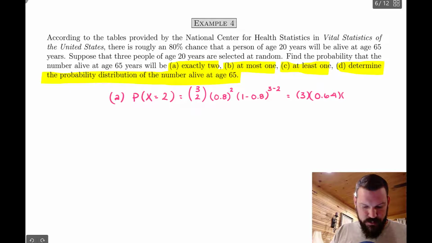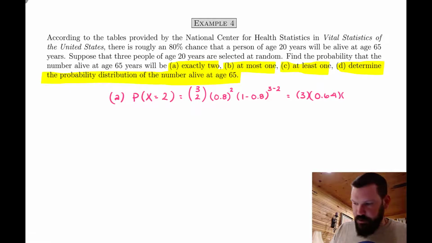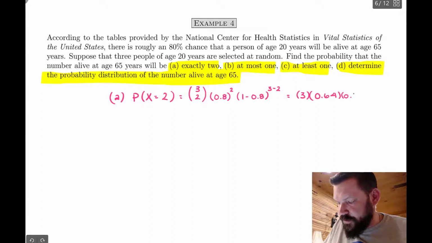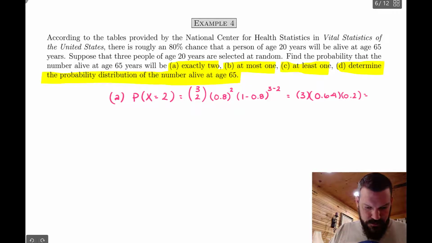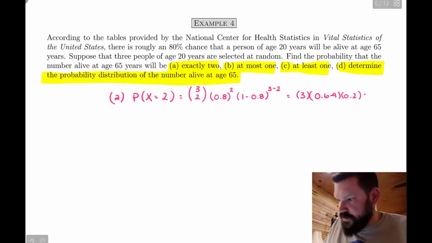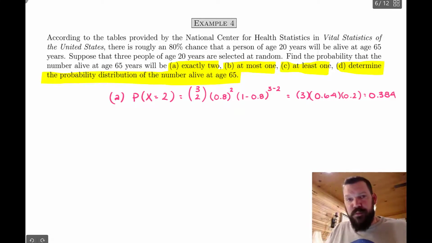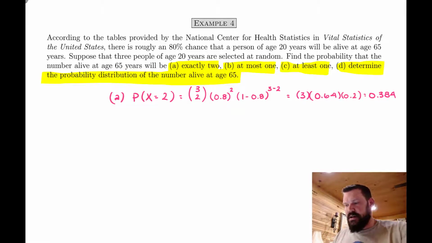And then 1 minus 0.8 is 0.2, and 0.2 to the first power is 0.2. So when we multiply these together, we get 3 times 0.64 times 0.2, and we get 0.384, which is exactly what we computed earlier by using the addition formula.